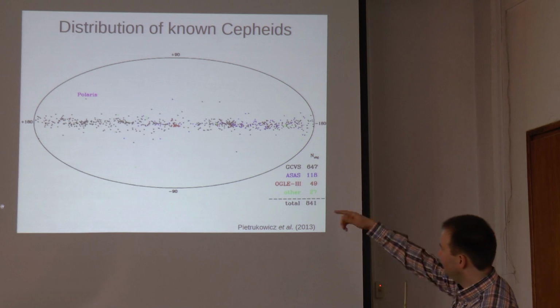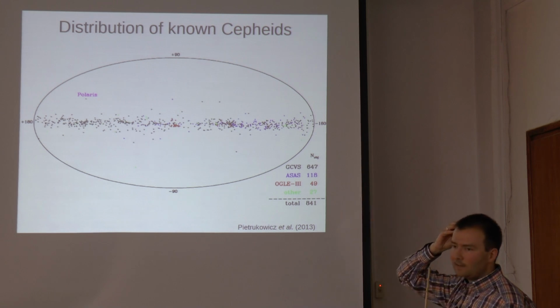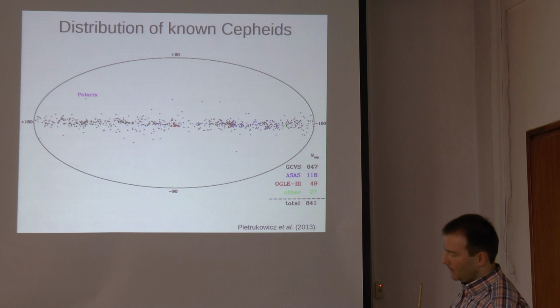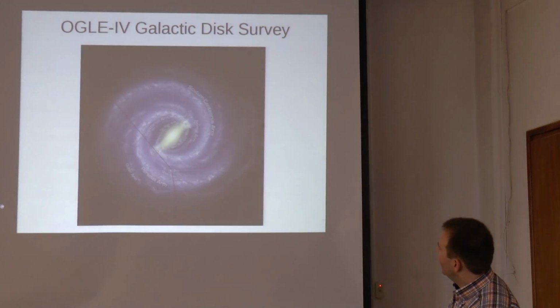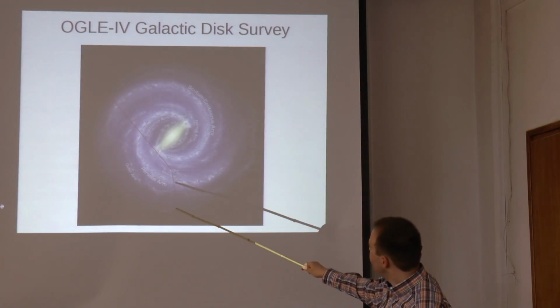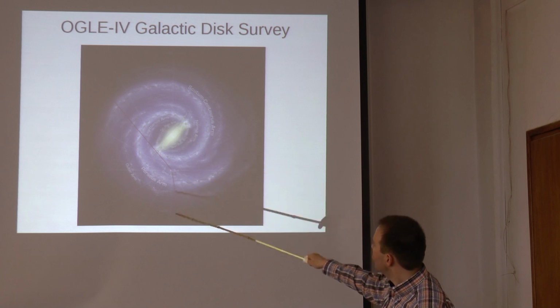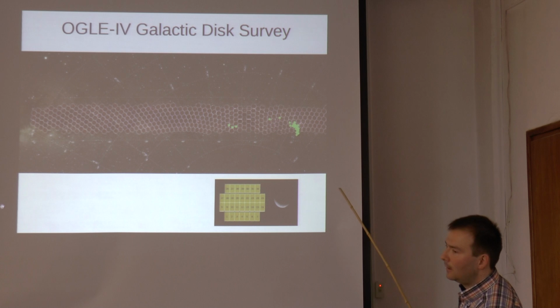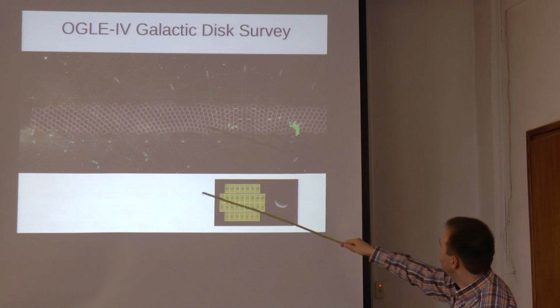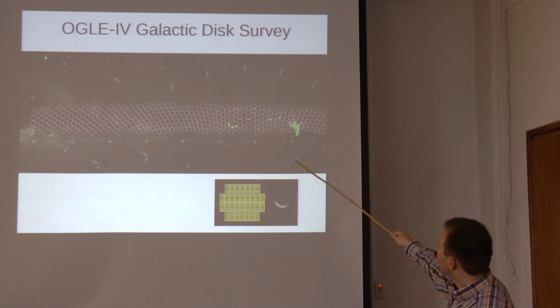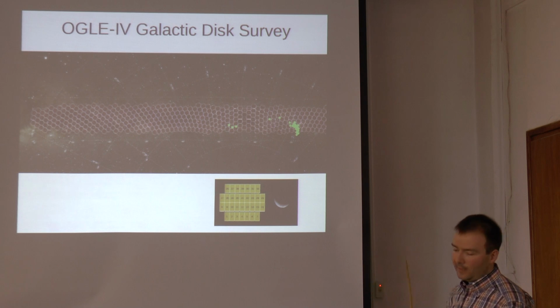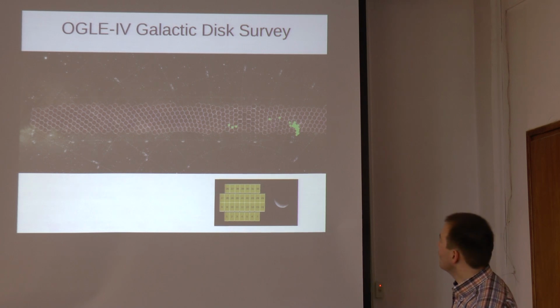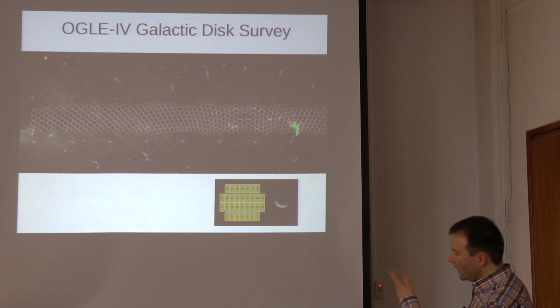So this is the location of classical Cepheids in the sky, and this area is observed by OGLE, and OGLE-4 is in red, OGLE-3, already checked, is in green.